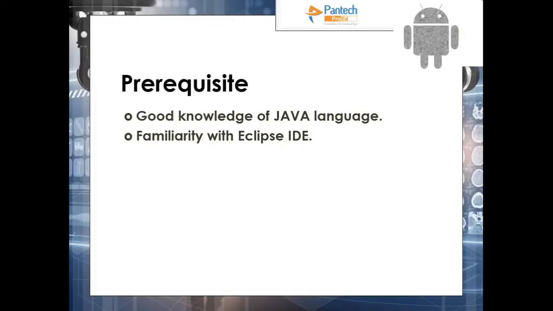Kotlin is one of the newest languages, introduced by Google only for Android app development. If you are well versed in it, you can learn it. But the most traditional one is the Java language. Today we are going to see it using Java only, with core knowledge of the Java language.